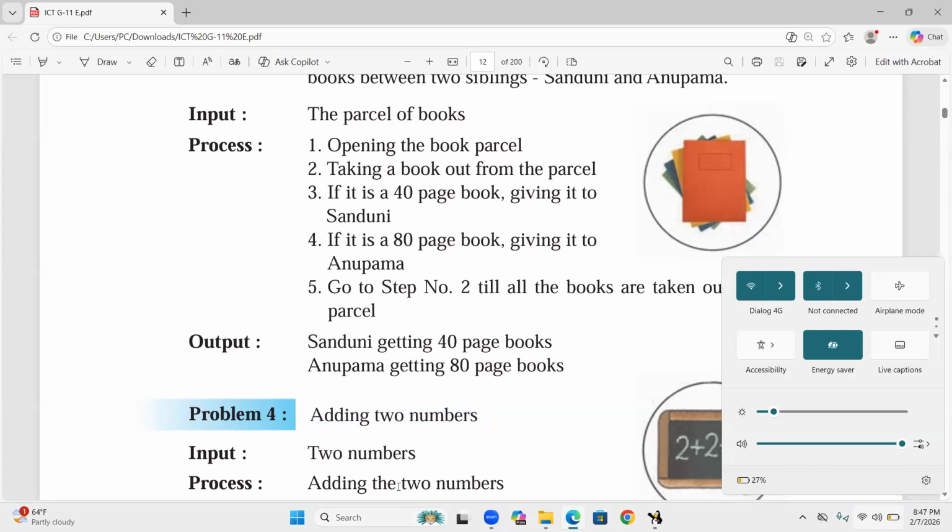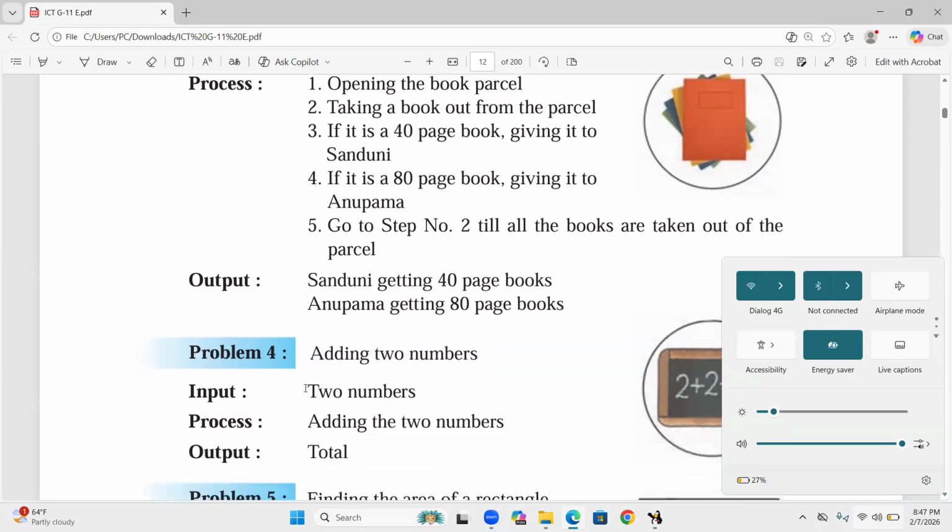So the inputs of this problem are two numbers, right? So you can take any variables for these two numbers. Then the process is adding these two numbers, right? So it can be a calculation. Then the output of this problem solving is the total or sum of these two numbers, right?